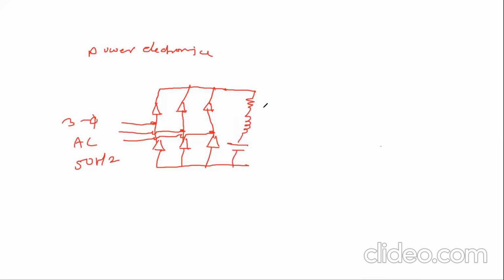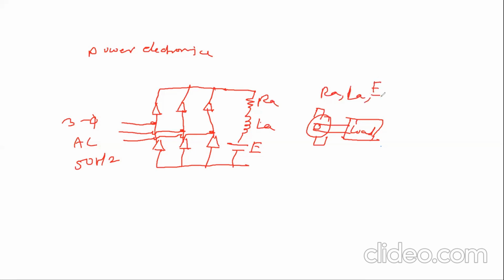We can say that this RLE load is the equivalent of a DC motor. Suppose this is the armature of a DC motor, and this DC motor is driving a load. This armature has armature resistance RA, armature inductance LA, and there is a back EMF EB.